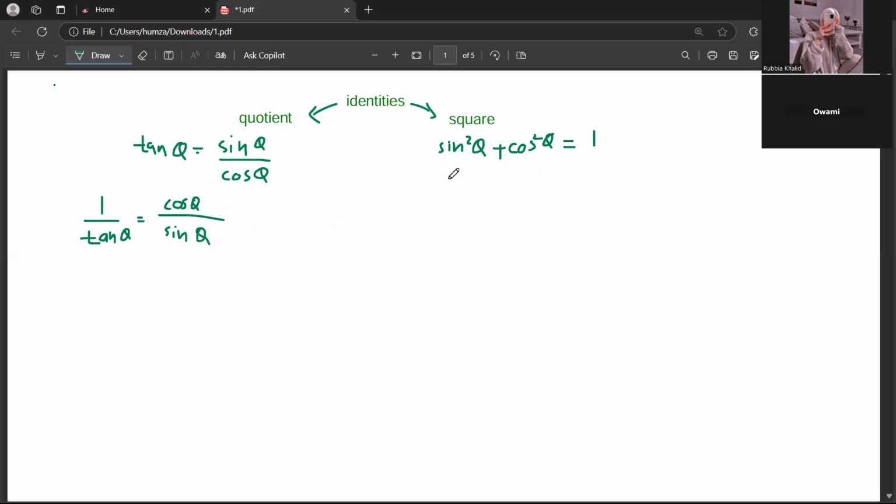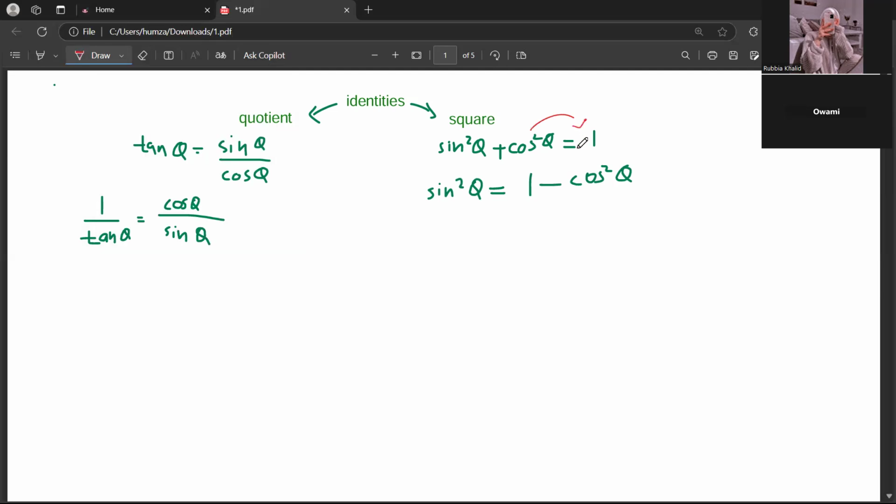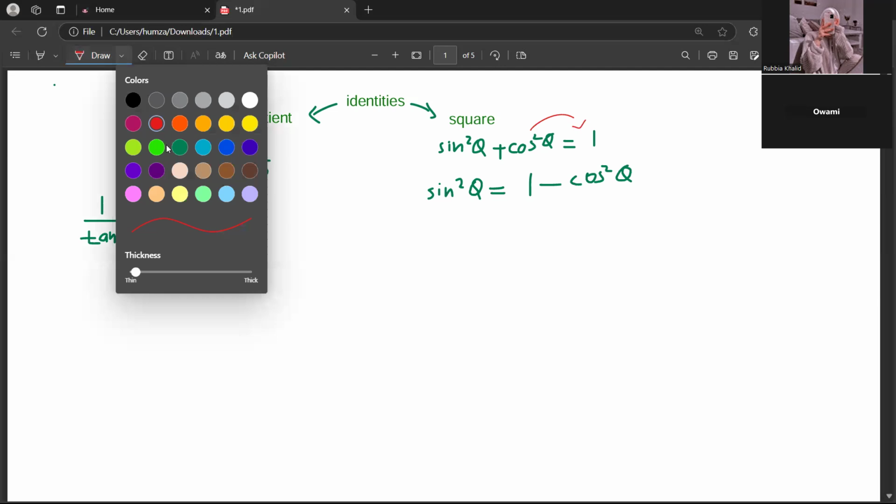Now, for the square identity, we can first make the sine squared theta the subject of the formula. For example, if we make sine squared theta the subject of the formula, then we are going to say 1 minus cos squared theta, which means that this cos will walk to this side.